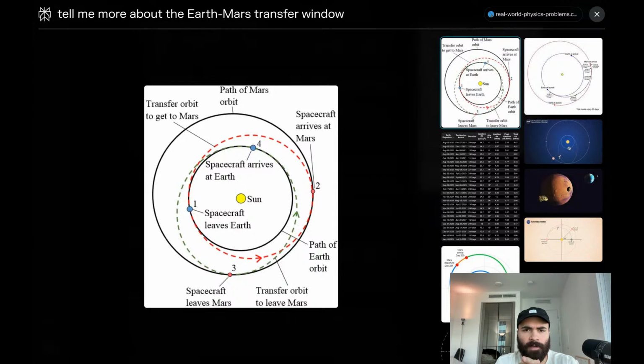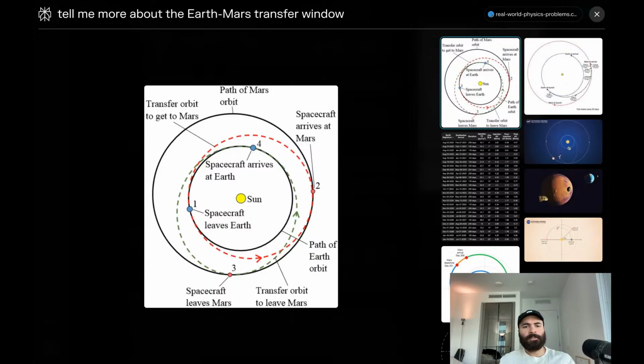And then it goes around. And then spacecraft leaves Mars. Spacecraft arrives at Earth. Okay.